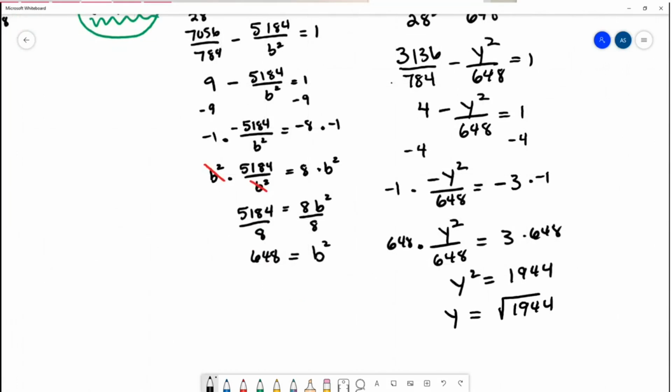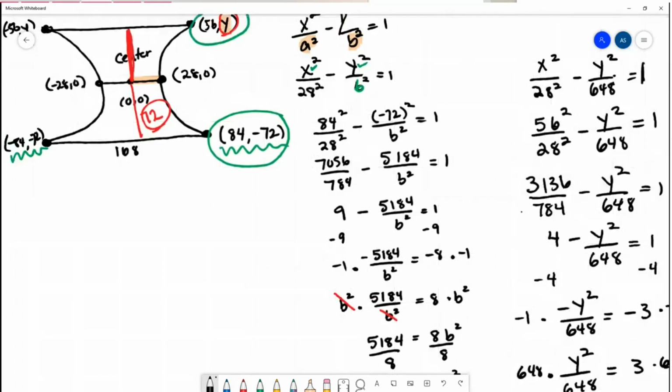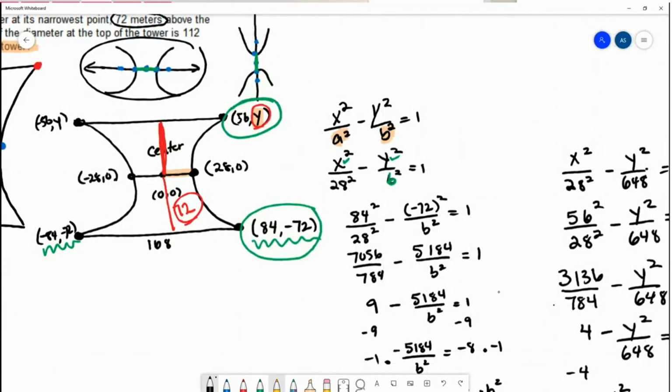I need to know the square root of 1,944. So that gives 44.1. Let's go back to our picture. This y right here, we got to be 44.1.